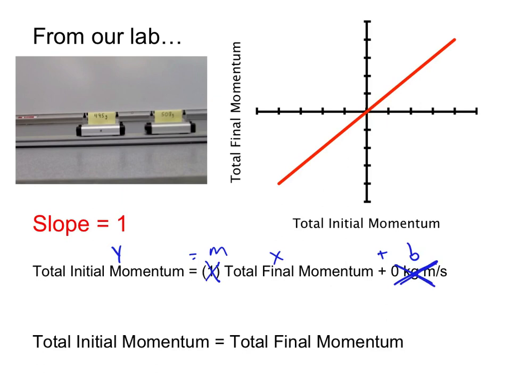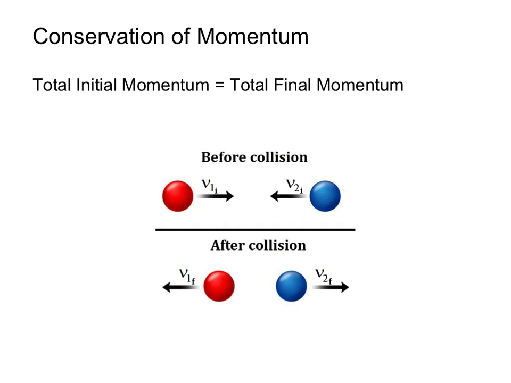And what we have here is an equation that when we take out the 0, because plus 0 doesn't do anything, and we take out the 1 because times 1 doesn't do anything to our equation, we have our equation being total initial momentum is equal to the total final momentum. So what we have here is the conservation of momentum equation.